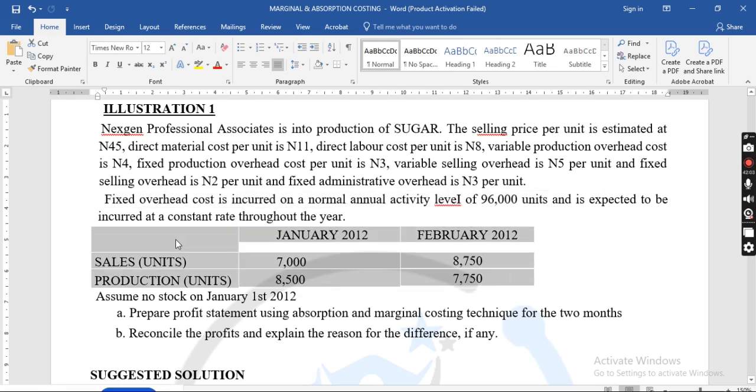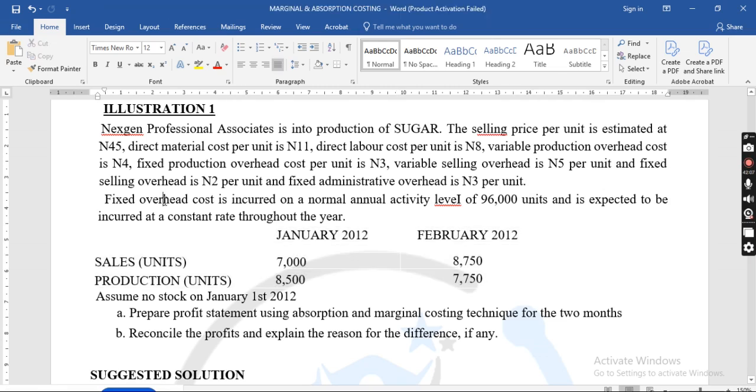All these things that you are seeing here, this place is your actual, right? Your budgeted will be given to you based on the normal annual activity. This annual means 12 months.